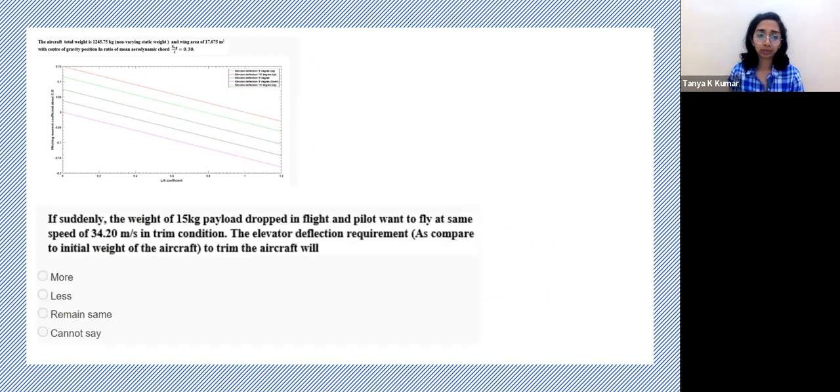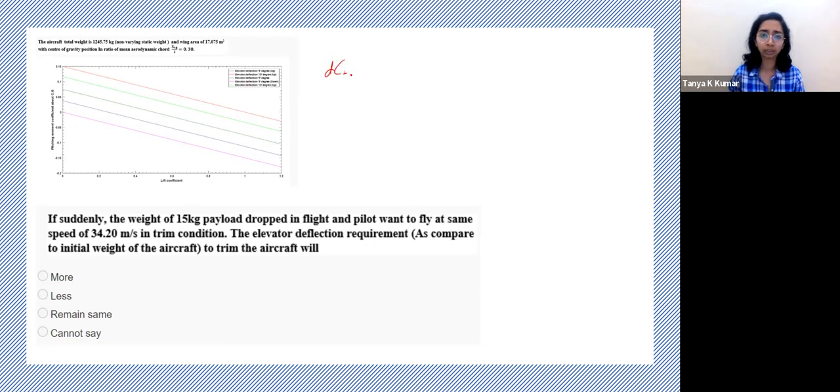If suddenly the weight of a 15 kg payload is dropped in flight and the pilot wants to fly at the same speed of the previous case, that is 34.2 meter per second in trim condition, will the elevator deflection be less or more, or will it remain the same, or you cannot say? So follow the same process.